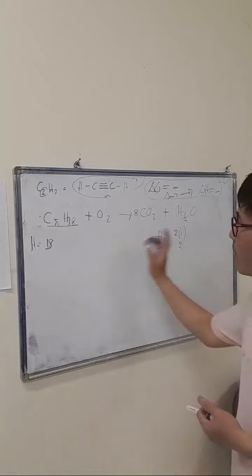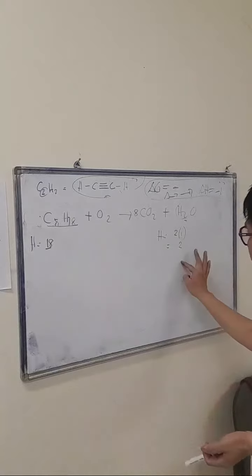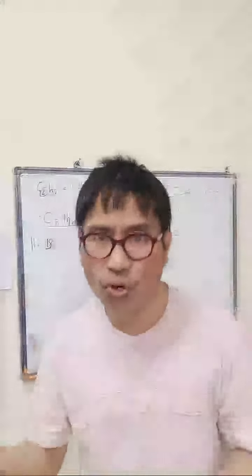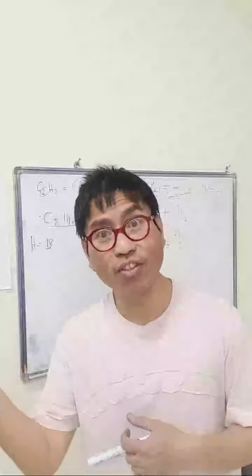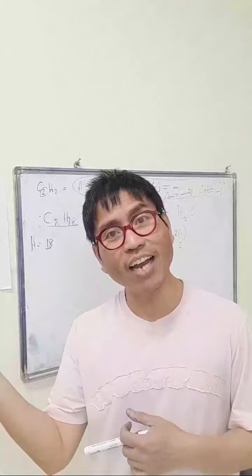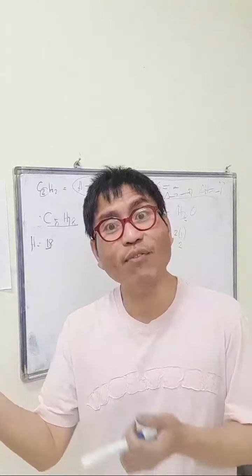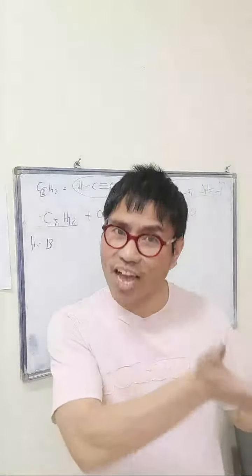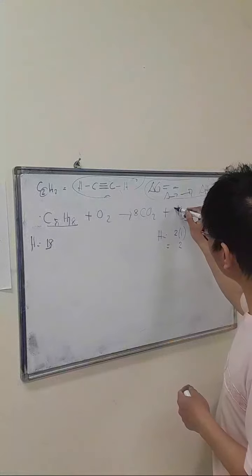To compensate for that, we need X as the unknown coefficient of water, because that is the deficient side. You only put the unknown X on the deficient side, not on the higher side. So put X beside water.